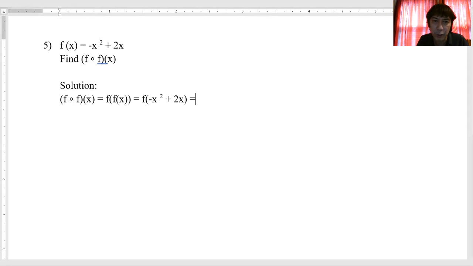And then what's the original function? Where you see the x in the original function will be replaced by its equivalent. So this is negative of x squared. So this means negative, okay, negative of x squared. All right, so after the negative, we put a parenthesis, and then we shall put the input now, which is the function, there.